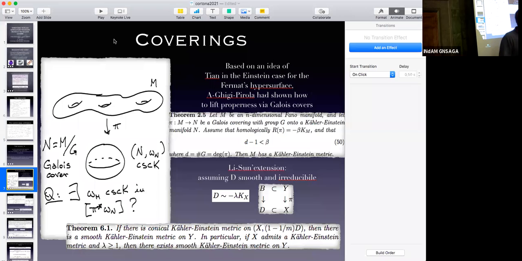It's a genuine and smooth divisor, and it will be only one component. Now, again, what they prove, again passing through the conical work, is that if this multiple is greater or equal to 1, then there exists a smooth Kähler-Einstein metric above. So this is basically what we knew before.